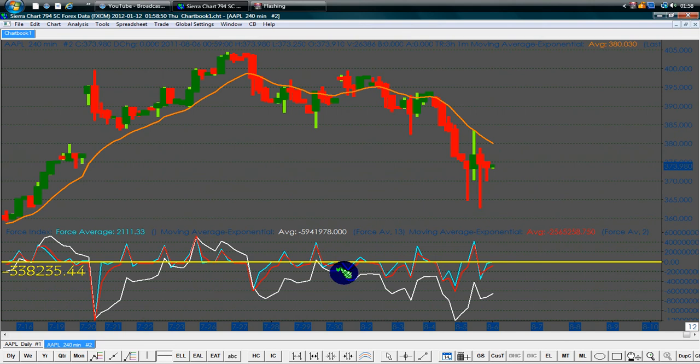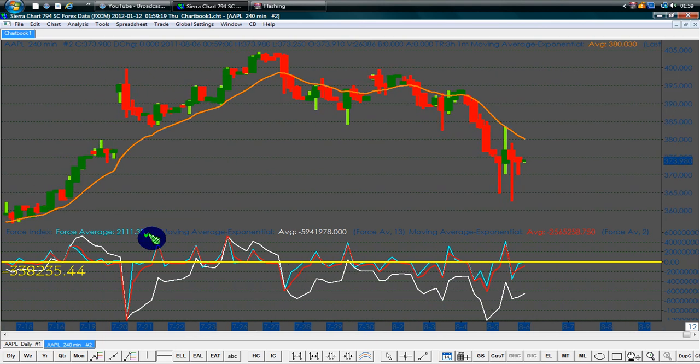But if the force index is below the zero line, telling us that the bears are in charge of the market, and the price gives a rally, that's an invitation for traders to sell. But we will receive the signal from the price itself, the number one indicator, not from the force index.